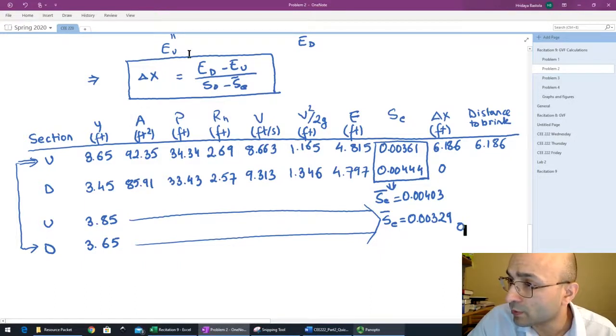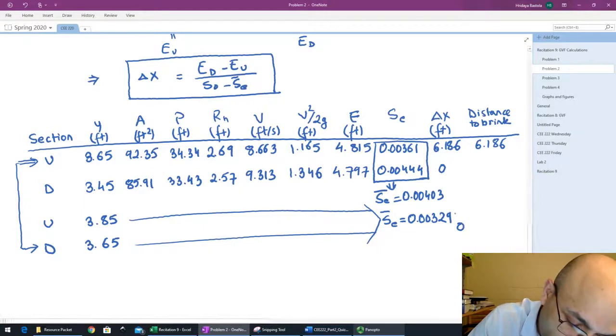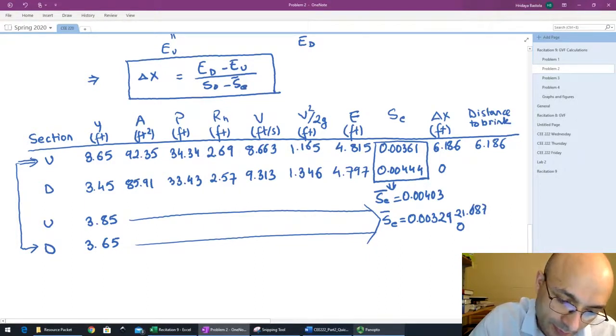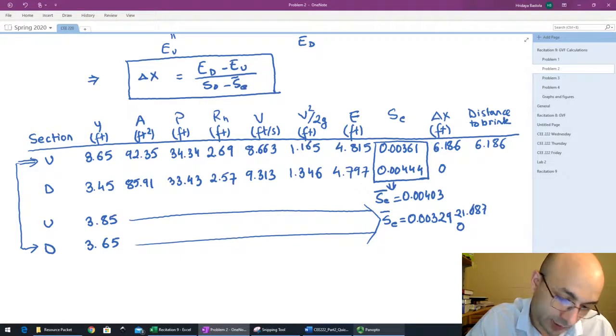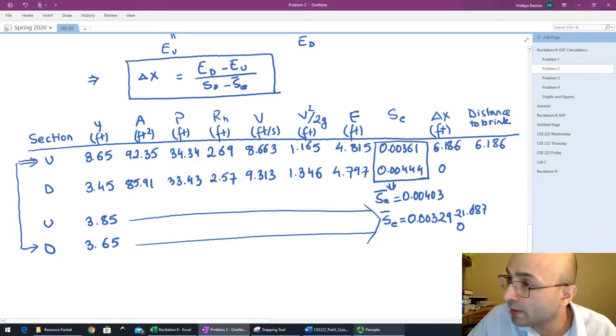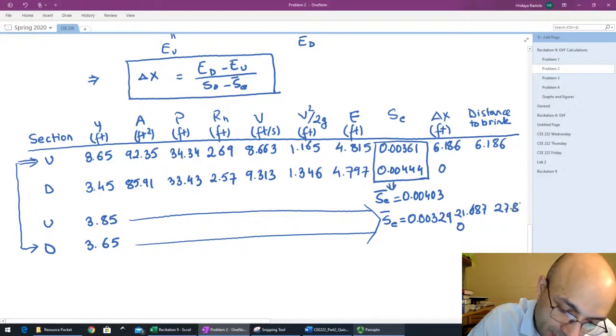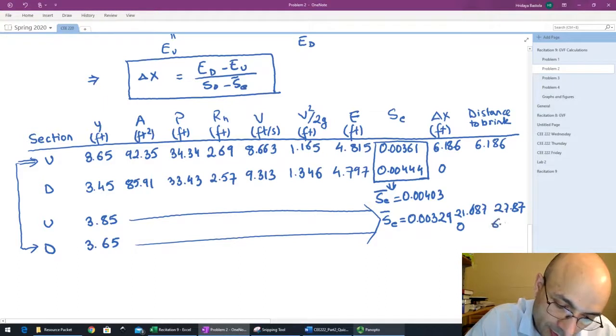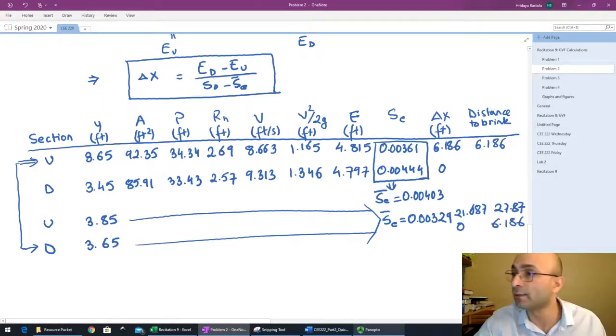And that'll come out to 21.687. So then the distance to brink is going to be 21.687 plus 6.186, which is equal to 27.87. And the distance from brink for the downstream section is going to be 6.186, same as the one before.